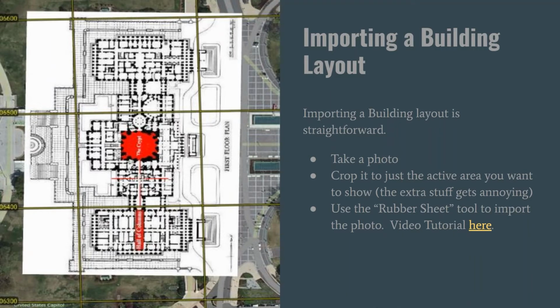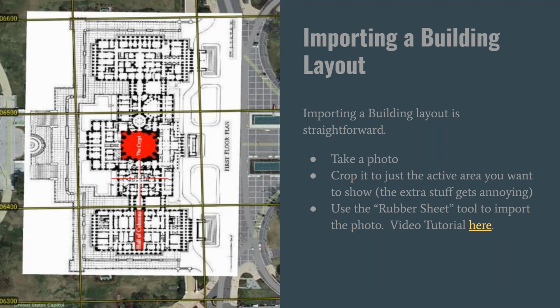Along with the layers functionality, we're kind of bringing us into the next one, which is building layouts. So you can take a regular building layout, such as what's shown here, whether it's your house, a stadium, whatever you need. You can take it as a JPEG, so no geo-rectified information is built into a JPEG by default.